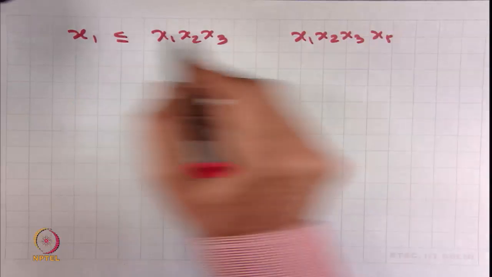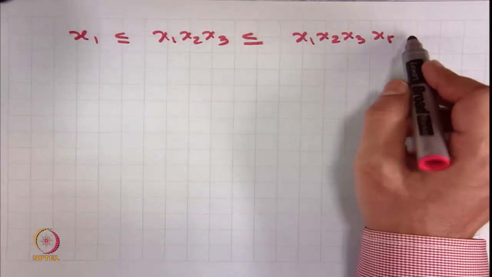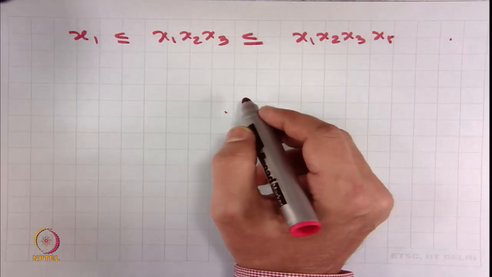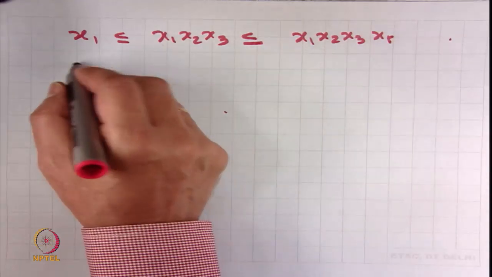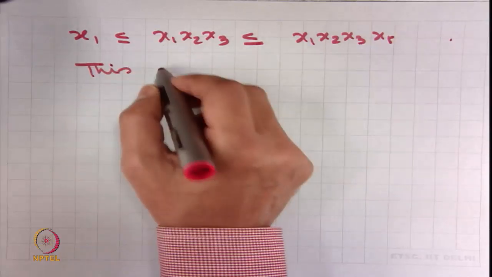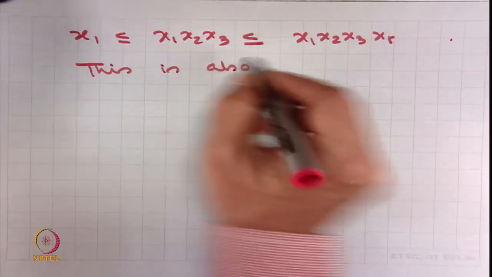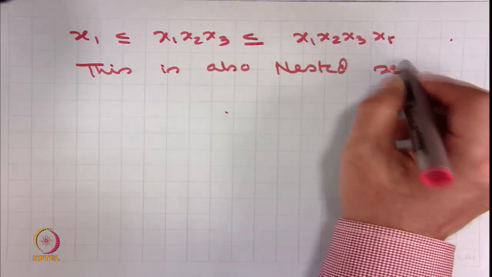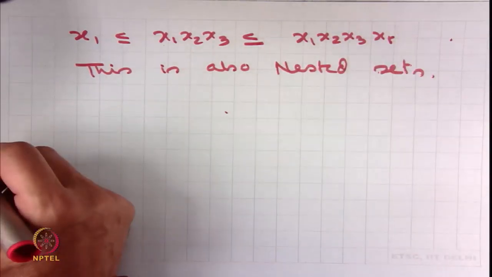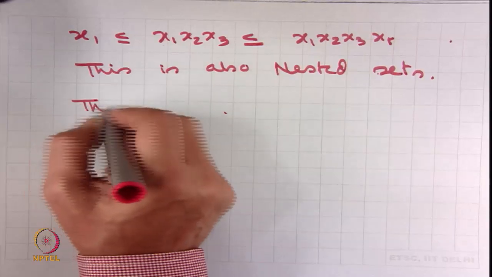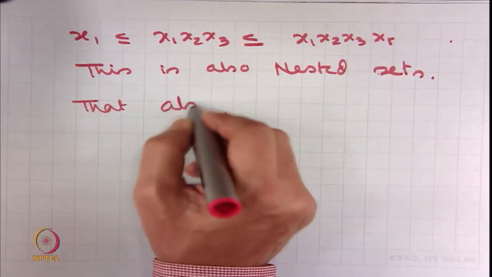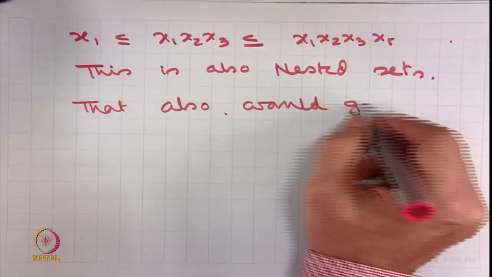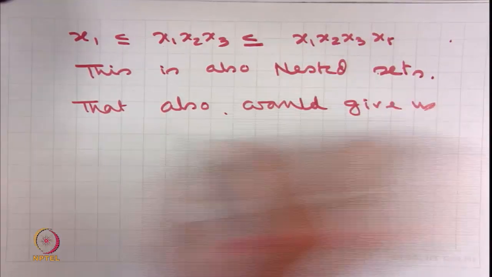Like that, if these are the focal elements, then also we would have got nested sets, and that also would have given us possibility theory.